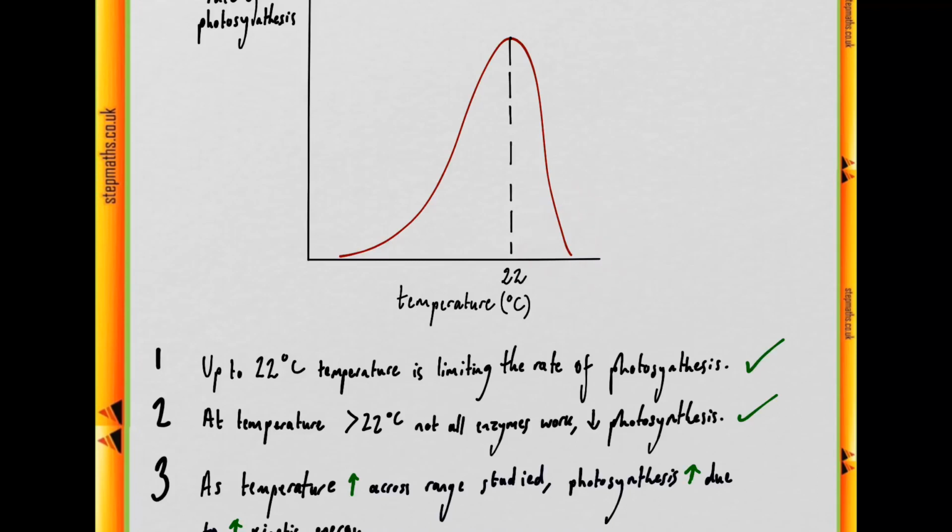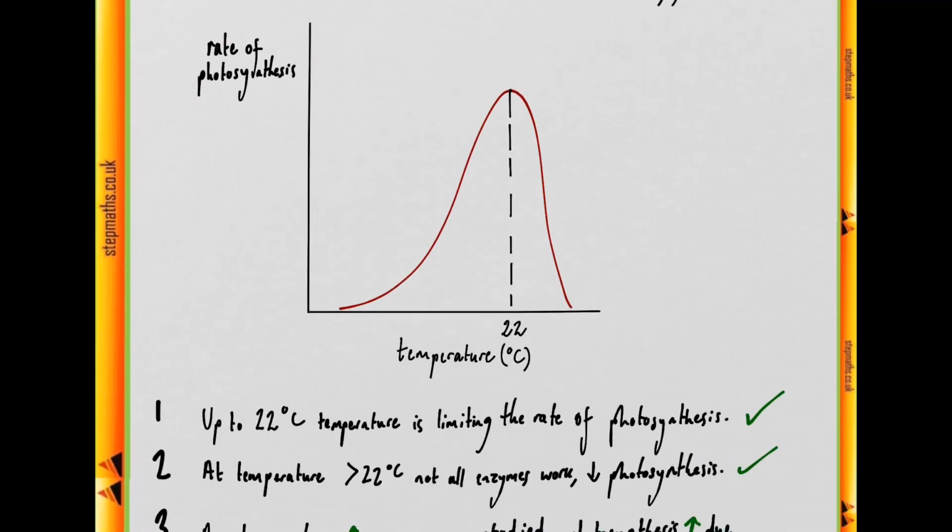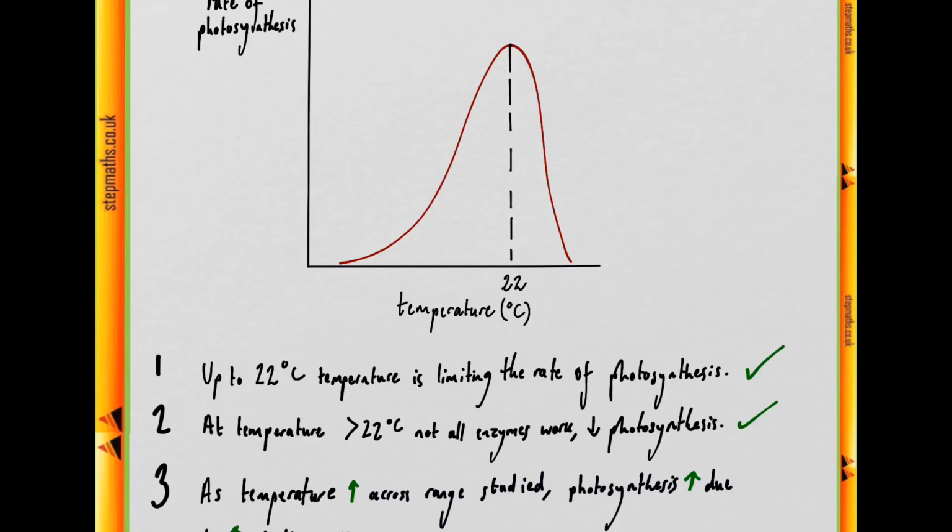For instance, the hydrogen bonds between polypeptide chains, which is all that enzymes are. They're tertiary structure proteins. So that leads to a change in the structure of the enzyme, and obviously photosynthesis is an enzymatic process, and therefore there are fewer enzyme substrate complexes and a slower rate of photosynthesis.